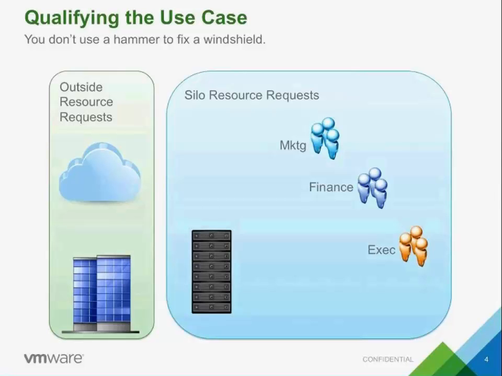So if we look at how we apply vCloud Automation Center, maybe they have outside resource requests. Like we're talking about users accessing internal resources. Perfect situation to talk about cloud automation. Or perhaps you have those siloed resource requests. You've got resource requirements coming in from development, from marketing, from finance, from the executive level, all of these other multiple tiers.